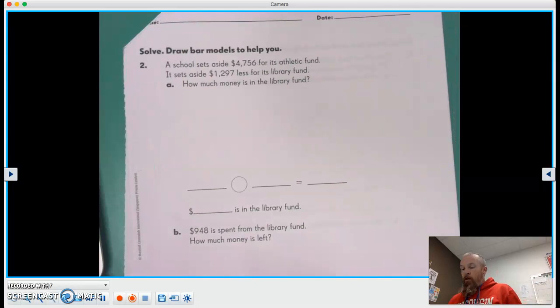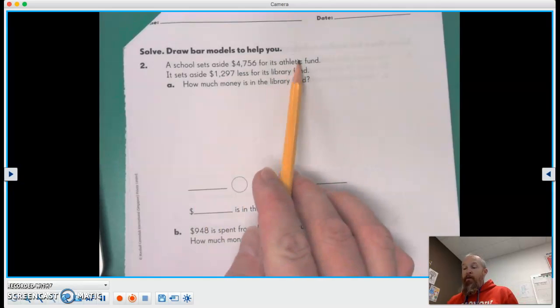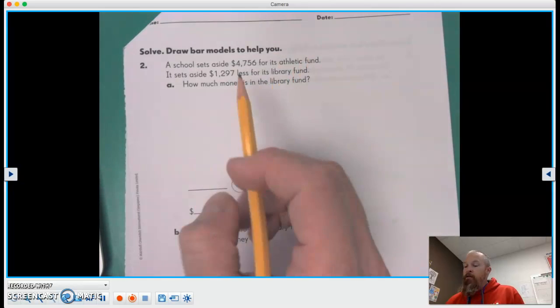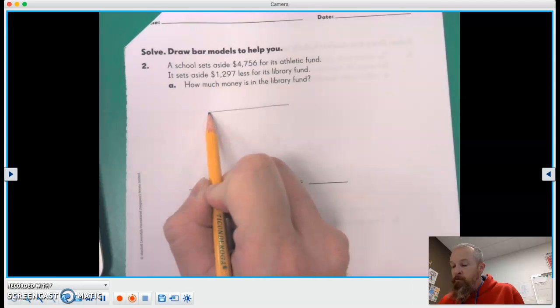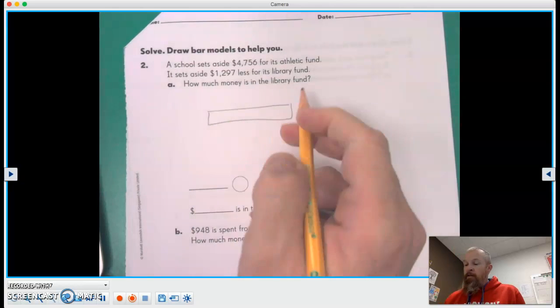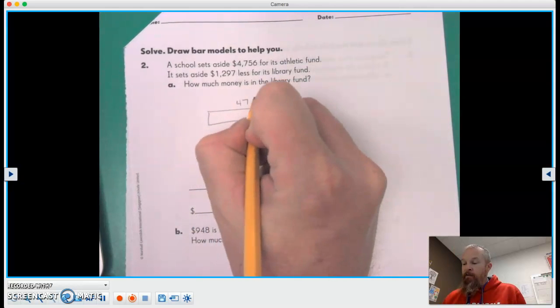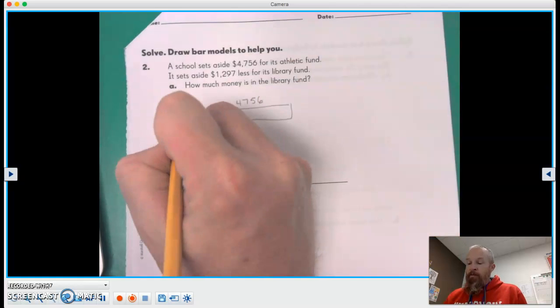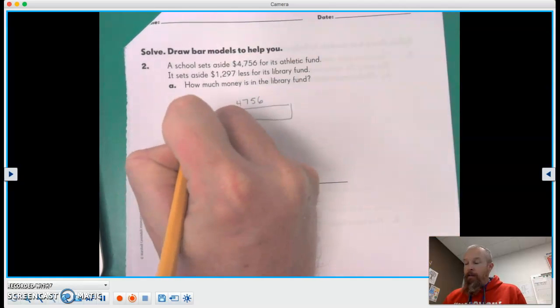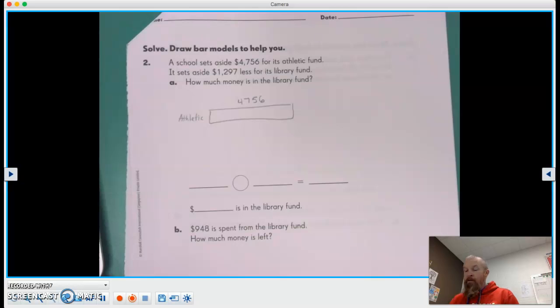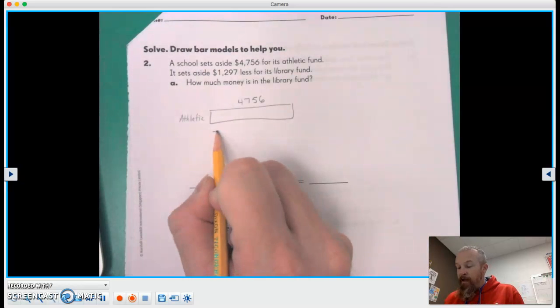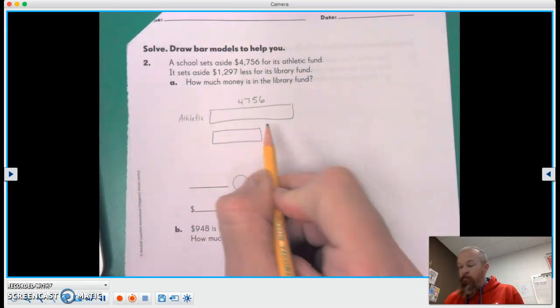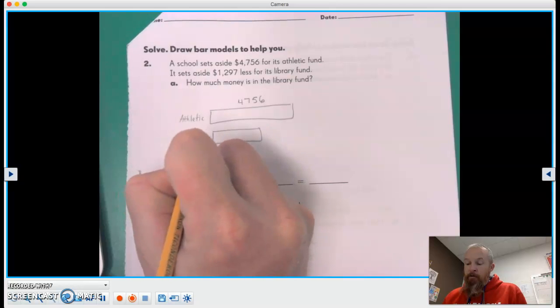Okay, well, we know that the athletic fund is more than the library. So this we know is $4,756. And we're going to put athletic fund for this one. Okay, we're going to make another one here that says library. And we know that the library fund is less.